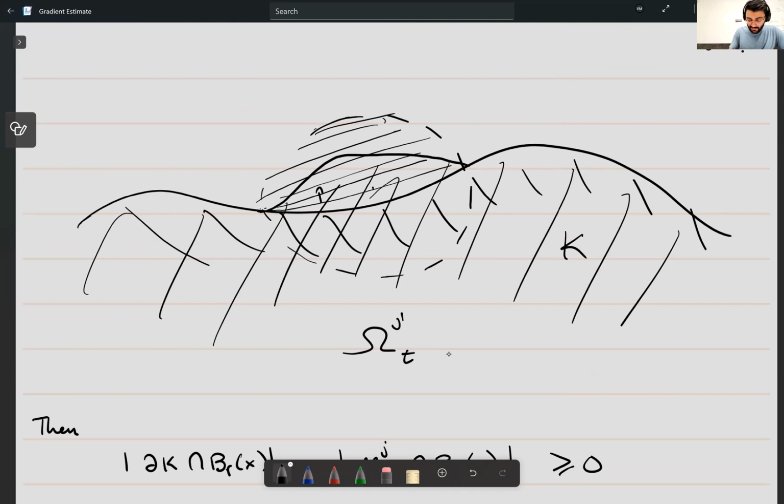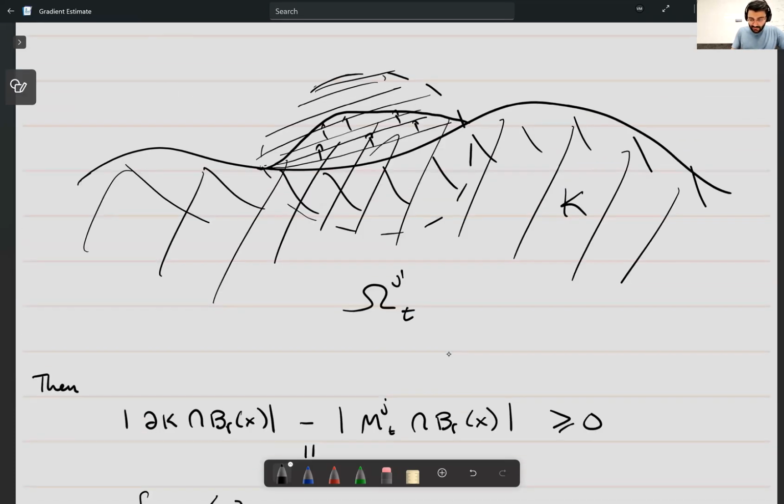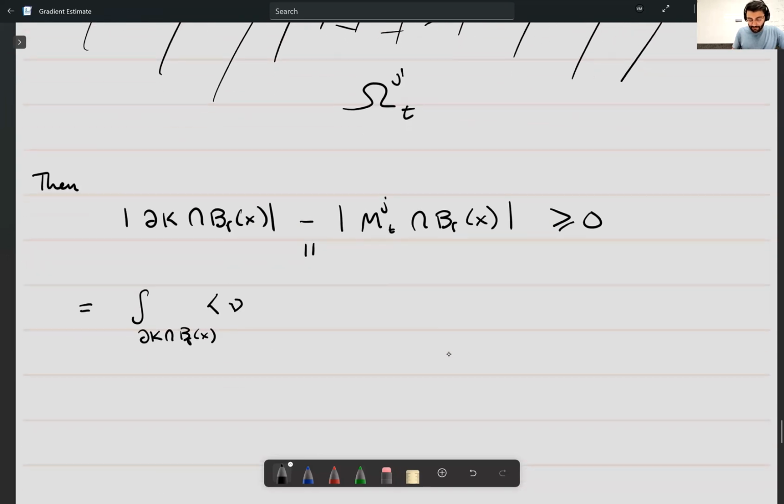And at each point, you have a normal vector field. So we can write this area as the integral on partial K intersect B_R(X) of the normal vector field, which is a normal vector field on this region between these two sets, restricted to partial K, on the boundary, minus the integral on M_J^T of the same thing, since the normal vector has norm 1.